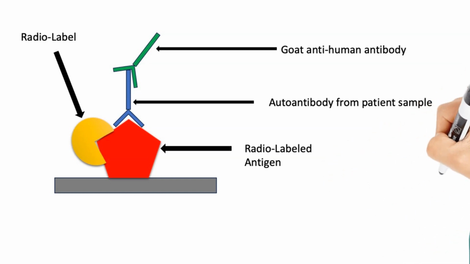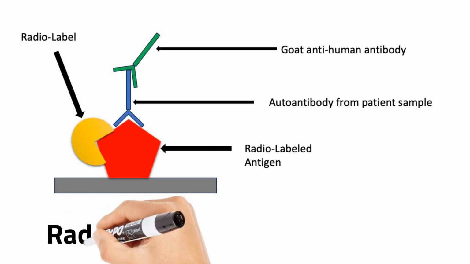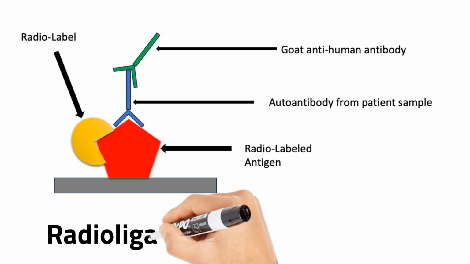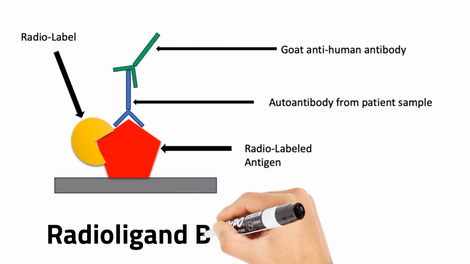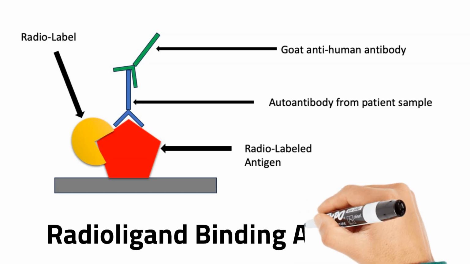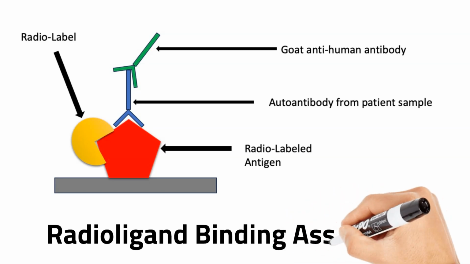The antibodies from the patient's serum bind to their complementary radio-labeled antigens and form a complex. This is followed by the addition of goat anti-human IgG and IgM that results in the precipitation of this complex. The radioactivity is then measured and is proportional to the amount of autoantibodies present in the sample.